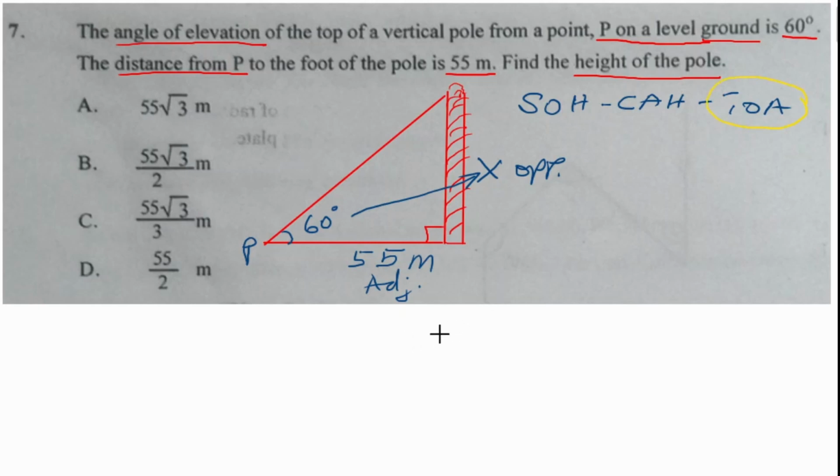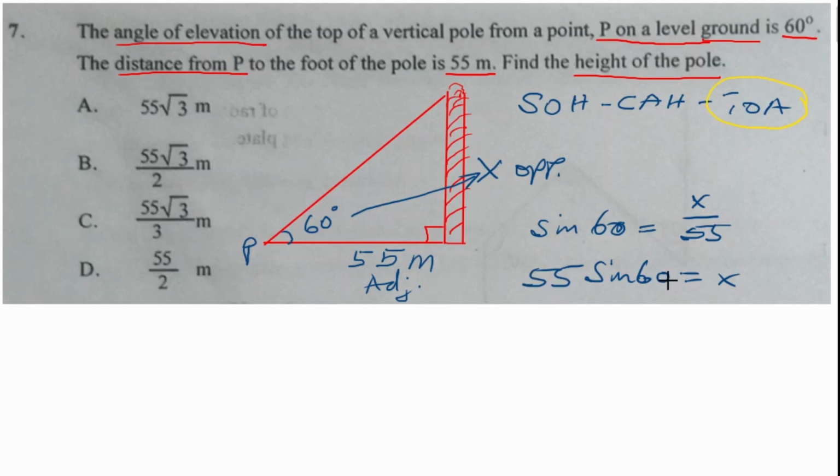Now let's have our setup, which will be tan of the angle, which is 60 degrees, equal to opposite, which is x, divided by adjacent, which is 55. By multiplying both sides by 55, we're going to have 55 tan 60 equals x. Looking at the possible answers here, we don't want the answer in decimals, but rather in surd form.